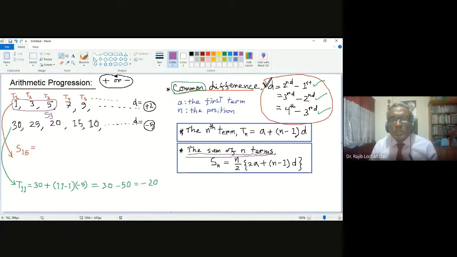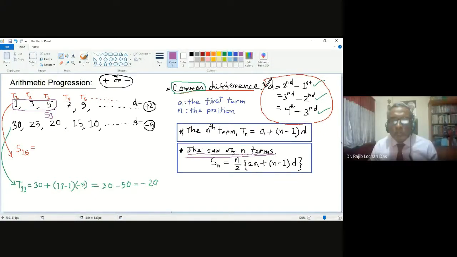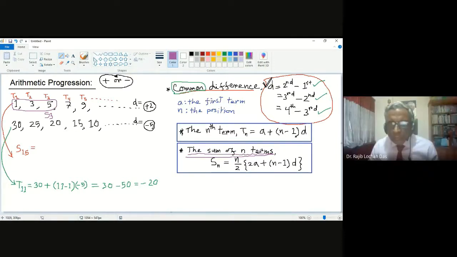You understand what I am showing? Yes, sir. Then tell me, S3 means what? The sum of three terms.